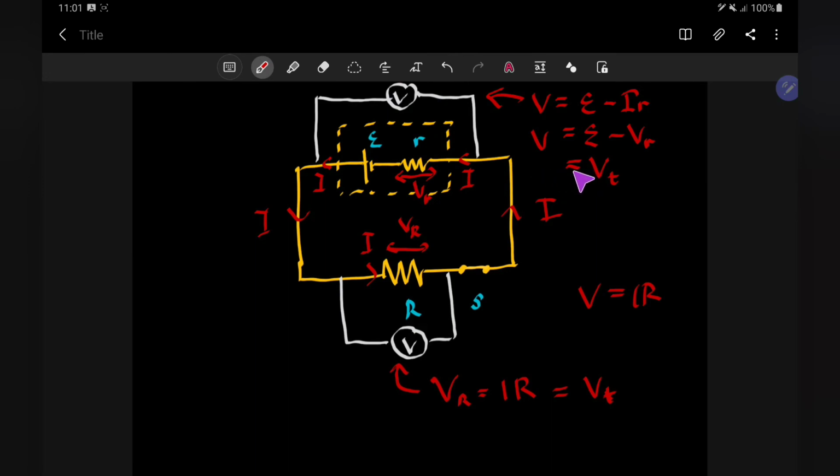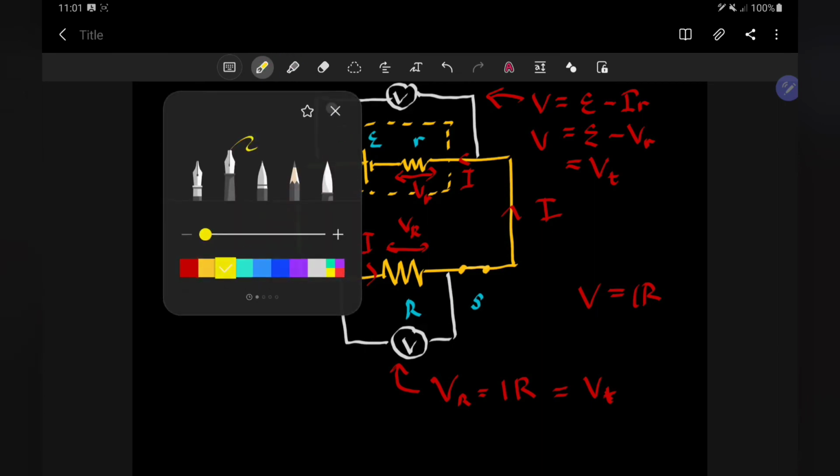And then what happens to this V terminal? It drops across the external resistor. So V terminal is the potential across the external resistor, which is the balance of the potential supplied by the cell. It's quite simple. Let's say the EMF supplied now is 10.